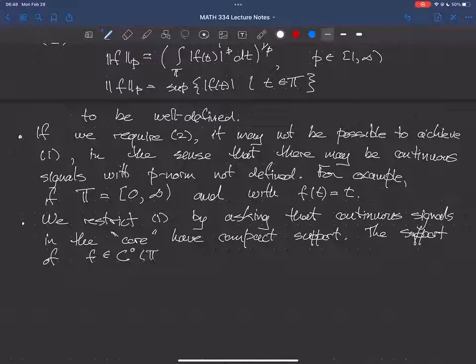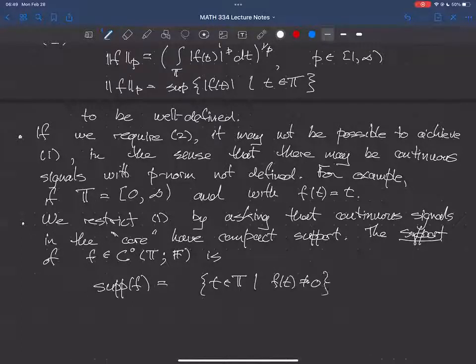Suppose I have F, some arbitrary continuous F-valued signal on my time domain T, and I want to define the support of F. I call it the support of F, and I take the set of all points where F of T is non-zero. Then I take the closure of that.